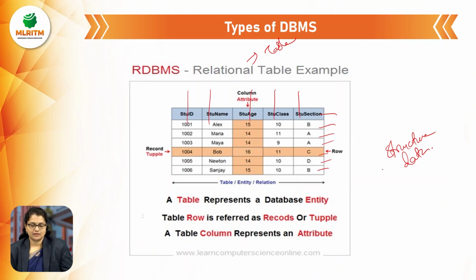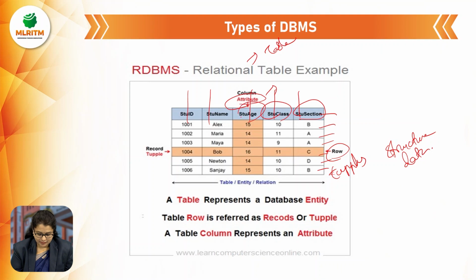In DBMS terms, the columns are called attributes and the rows are called tuples.